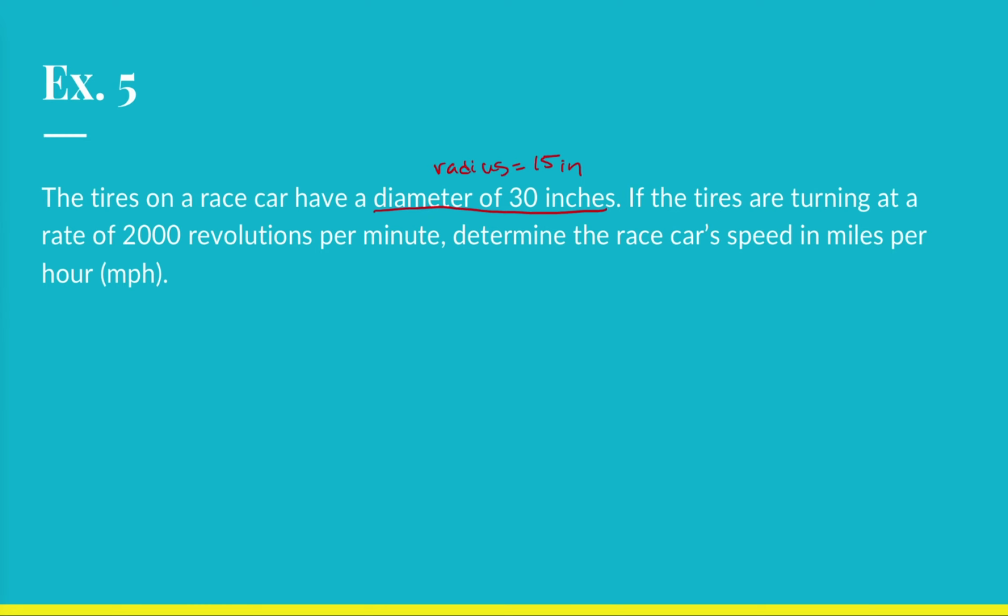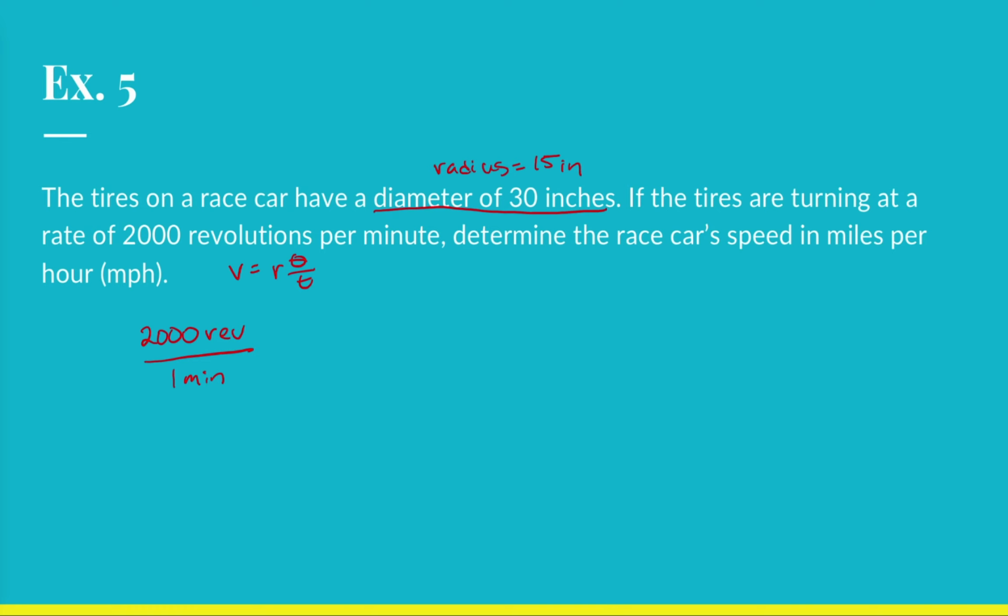So the race car speed is also going to be the linear velocity, which is r theta over t. So theta is 2,000 revolutions in 1 minute. We want the car speed in miles per hour.